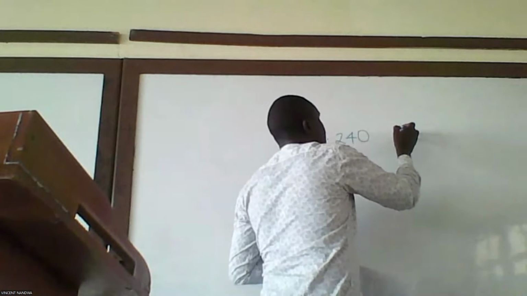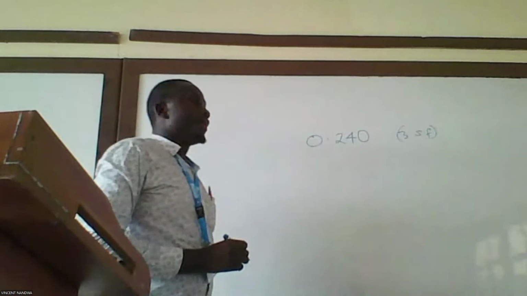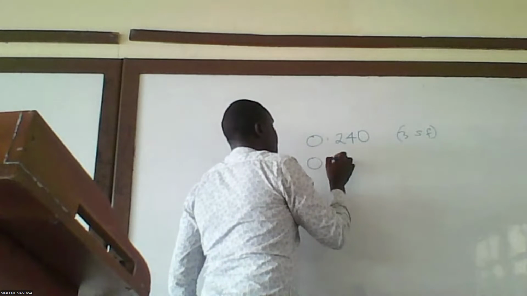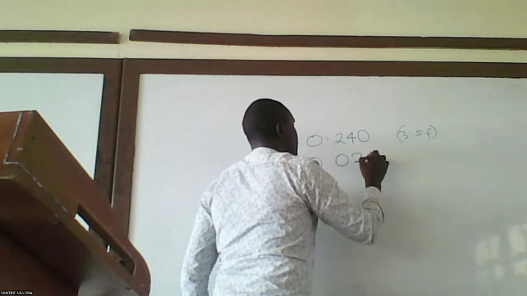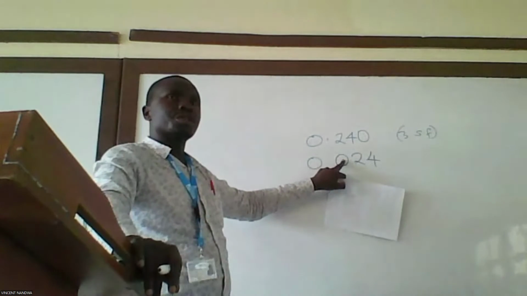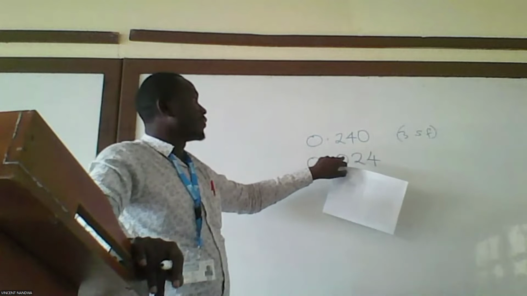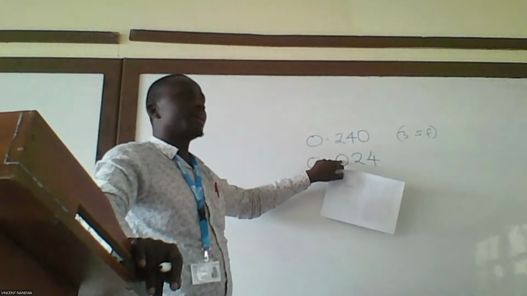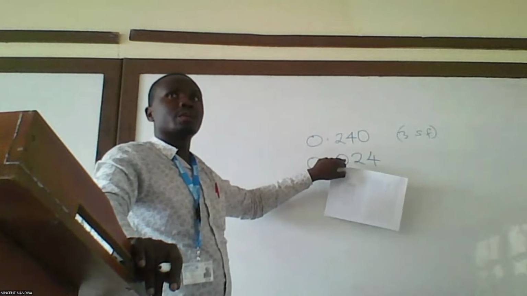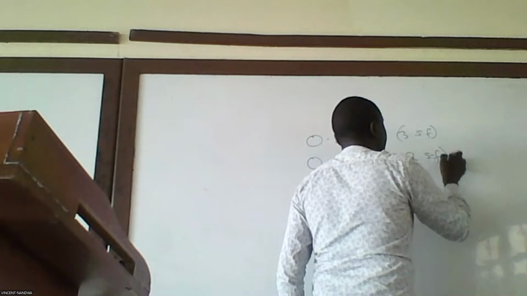So this number will have 3 significant digits. But if I have 0.024, then this 0 is not significant because though this is a decimal number, this 0 is coming before any non-zero digit. So these are 2 significant figures.